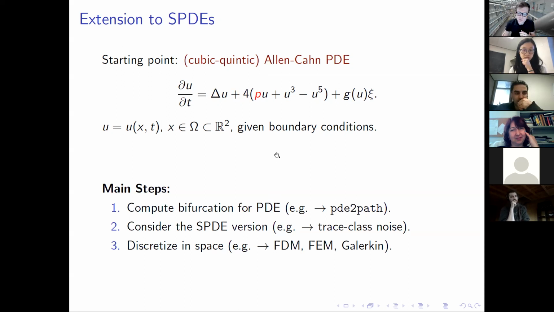And after you did that, then you apply the numerical continuation tools I've shown you before for SDEs, for stochastic ordinary differential equations. Okay, let me try to do that.